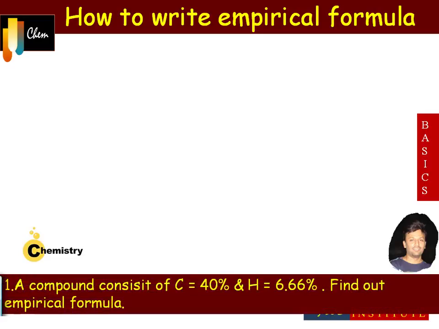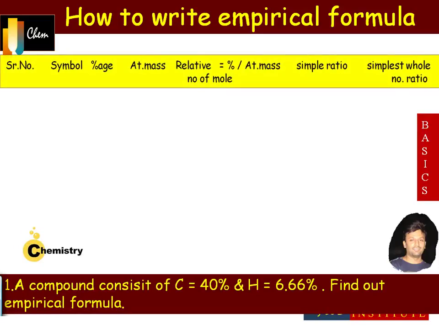Now let's take one example. A compound consists of carbon 40%, hydrogen 6.66%. We need to find out its empirical formula. So the first step is to understand the given format of a table.